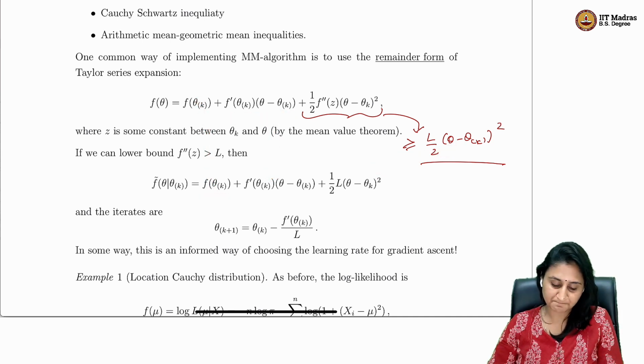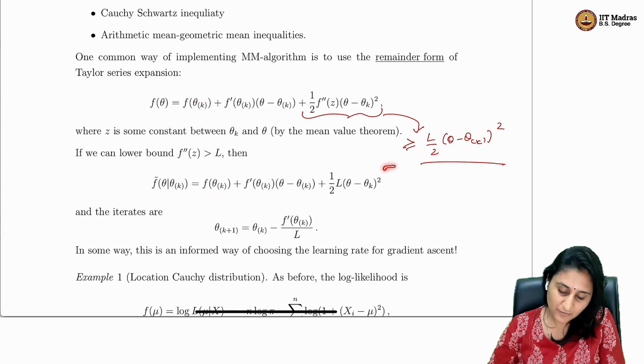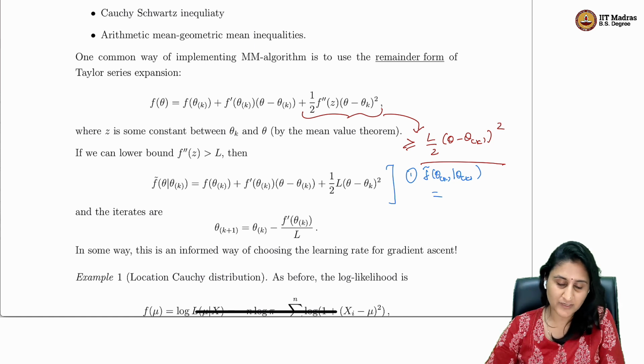Okay, so if I look at this equation, the first thing I look at is what is f tilde theta k given theta k. Well, when I plug in theta k into this side, I get f of theta k, that's already a constant. The only place where theta shows up is here and here. But when it shows up here, I get theta k minus theta k, that's 0.